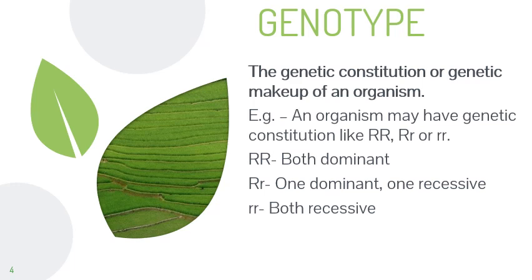Again, the same example, capital R, small r. Here one is dominant because it's capital and the other is recessive because it's small. So that is for tongue rolling again, the dominant character trait, and small r, small r, both are recessive, which is for non-rolling of the tongue.